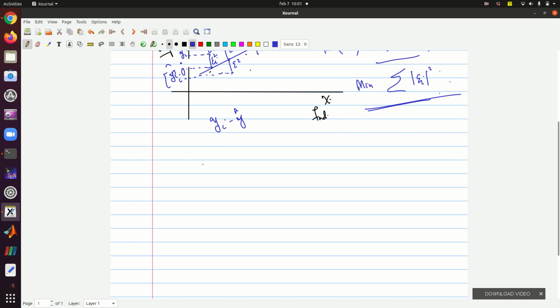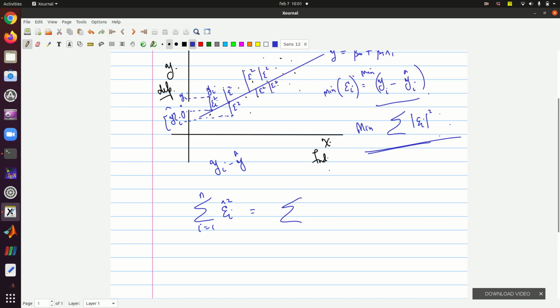We are going to sum over all observations the particular epsilons, and then we are going to square them. We can denote the epsilon i hat, and essentially epsilon i is the difference yi minus y hat i.